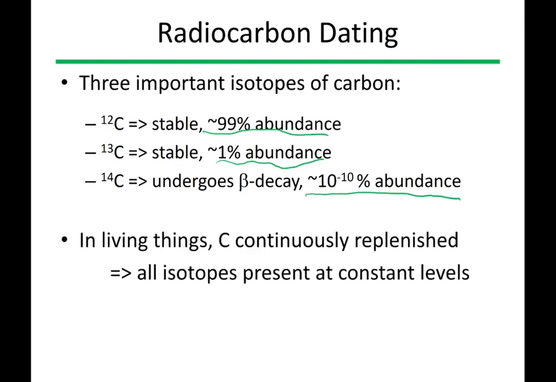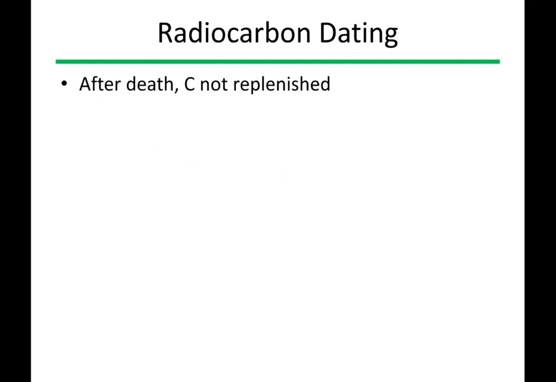So in living things, this carbon is going to be continuously replenished. While you're alive, you'll eat some food, you'll incorporate that carbon through biochemistry, etc. So as long as something is alive, you're going to maintain this ratio of carbon-12, 13, and 14. They'll all be present at relatively constant levels. When you die, you stop eating, and the amount of carbon you get is not replenished.